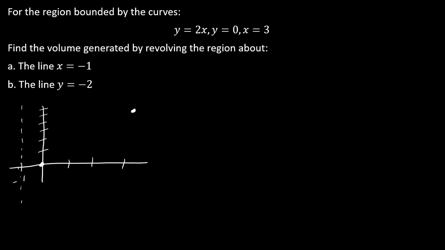Here's 3, 6. Here's my curve, y equals 2x. So I have x equals 3 and y equals 0. So here's the region that we're talking about. And I'm going to revolve this way, right? I think it's always nice just to have a little sketch of what it is that you're looking at.